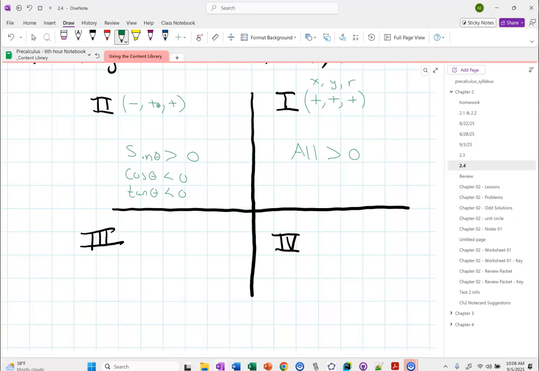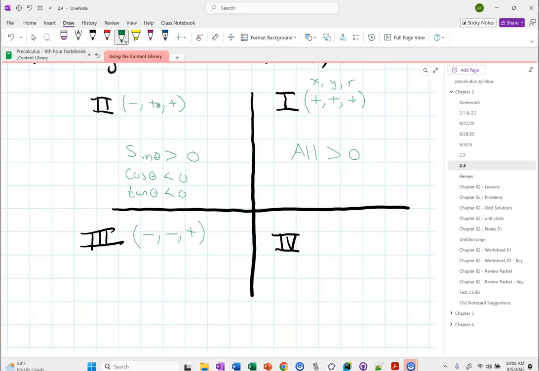So just to clean this up so I don't have a million things written down here. If we move into quadrant 3, x and y are both negative, but again, r is a distance. It's a distance from the origin to that point. The distance or length is always going to be a positive value.